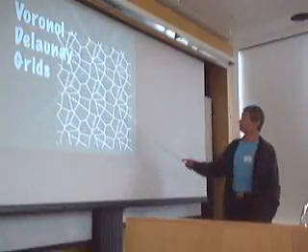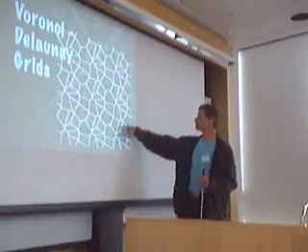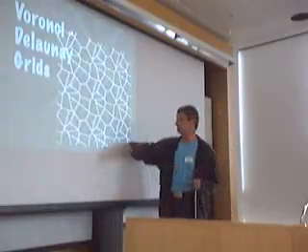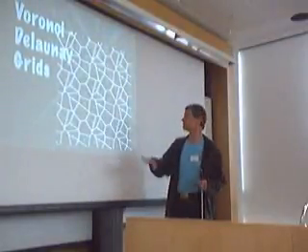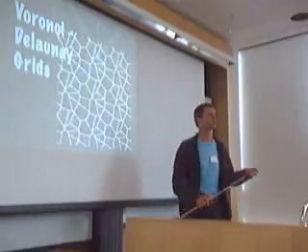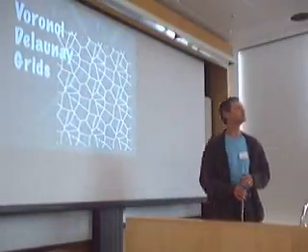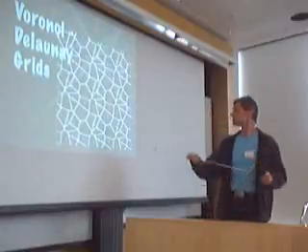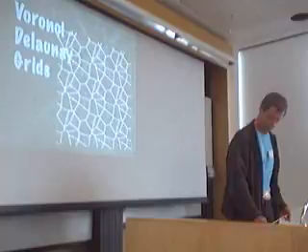Now, a Voronoi tile is the locus of all points that are closer, according to that distance recipe, to a nucleus than to any other point. Right? And this is a unique tessellation which has rather nice mathematical properties. It's optimal in very many ways. And it is this particular grid that I should like to emphasize in this talk.